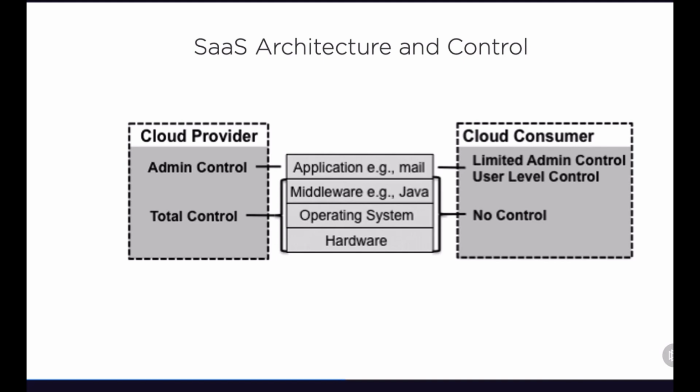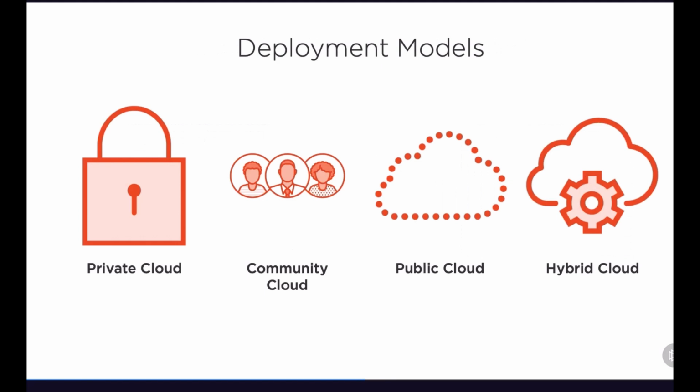The cloud consumer has no control over the building or equipment, and they only have a limited level of administrative control, say, for example, setting up user access levels, for the application.